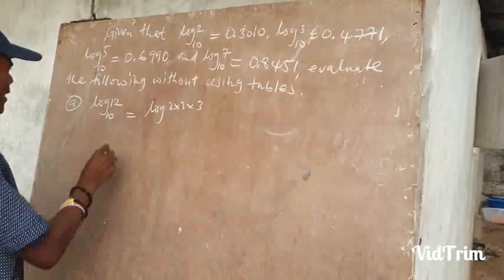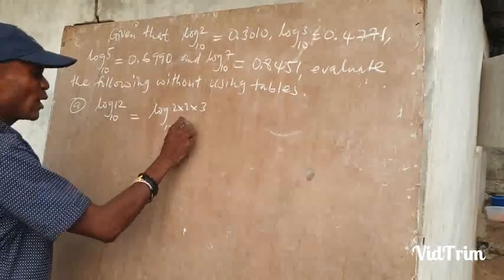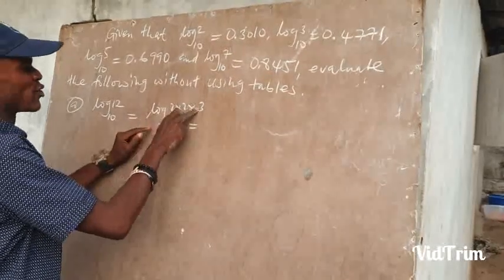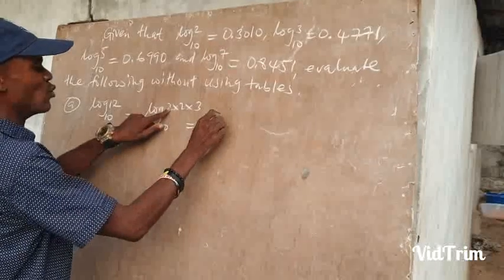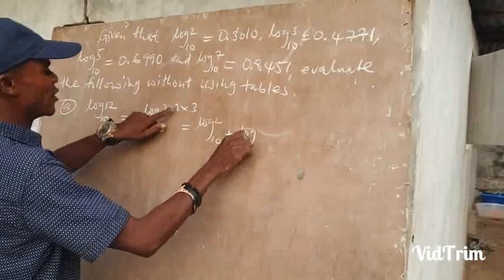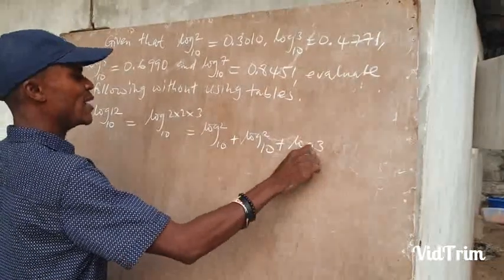So if that is the case, the base 10 is here. Anytime we have multiplication, we say we add the logarithm. So because of multiplication here, I will say log of 2 base 10 plus log of 2 base 10 plus log of the 3 base 10.